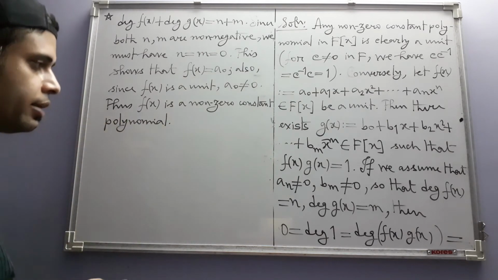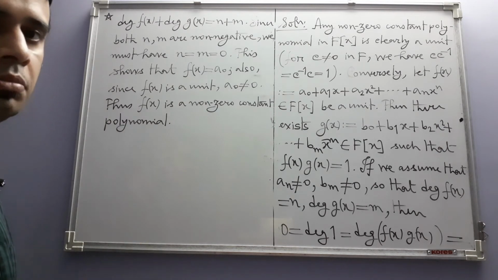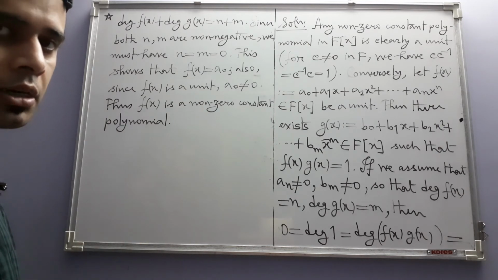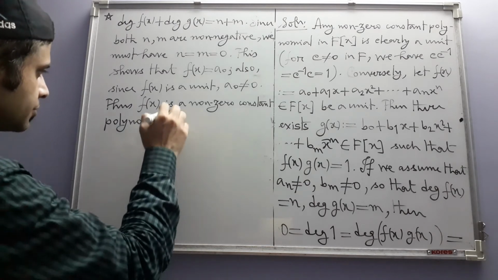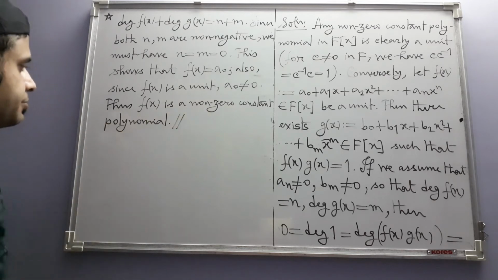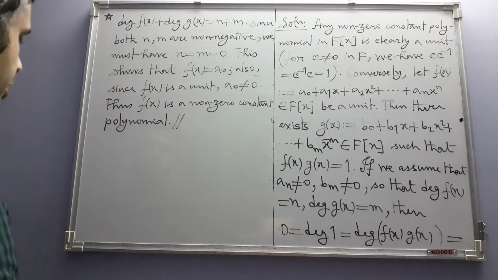So this proves that the only units in any polynomial ring are the non-zero constant polynomials, or loosely speaking, the field elements themselves. That is polynomials of degree 0.